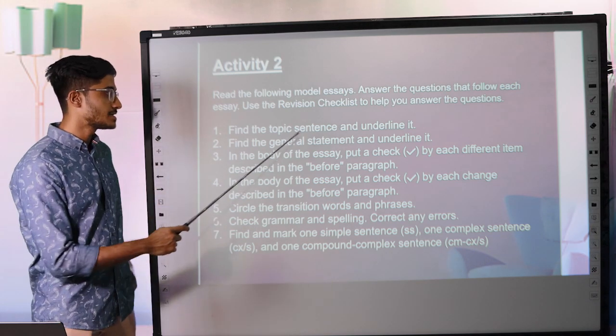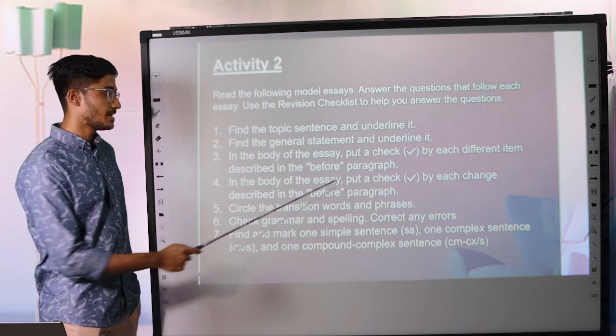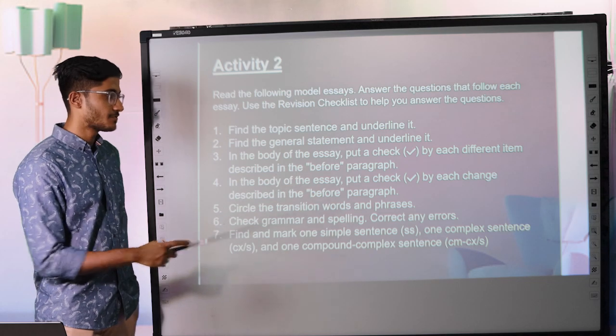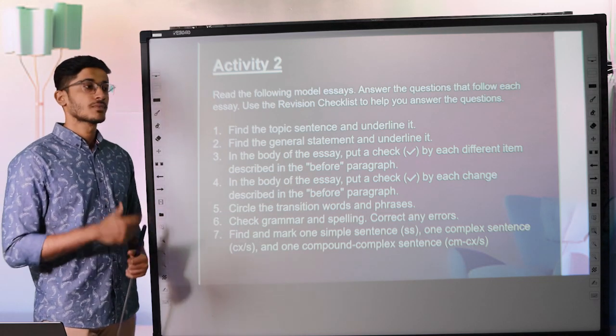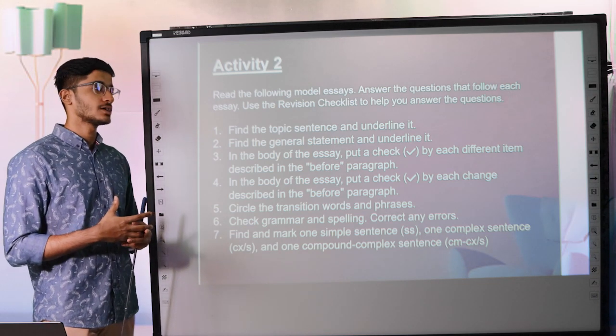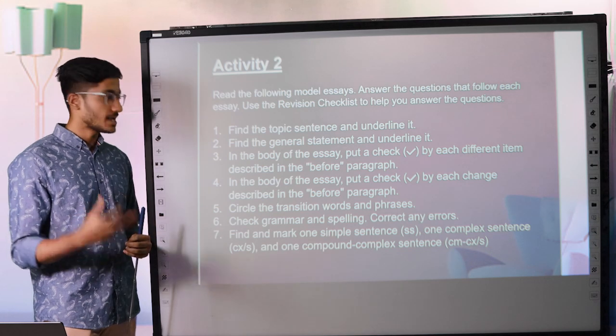So you find the topic sentence, you find the general statement. In the body of the essay, put a tick mark by each different item described in the before paragraph. So in here, the response of the essay will be slightly different, as it's talking about the before and after and not the process steps.